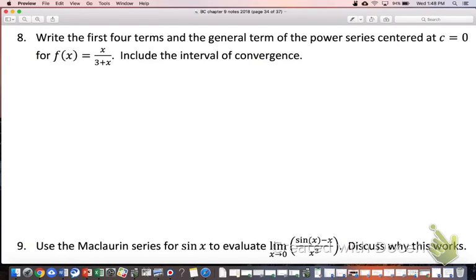So it says, write the first four terms in the general term power series centered at c equals 0. So no changing the centering point. And it's got to be an equivalent power series for that function right there. Okay, so I'll give you a few minutes.